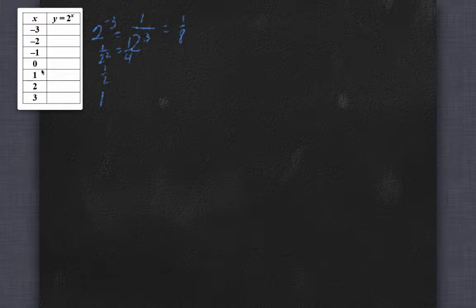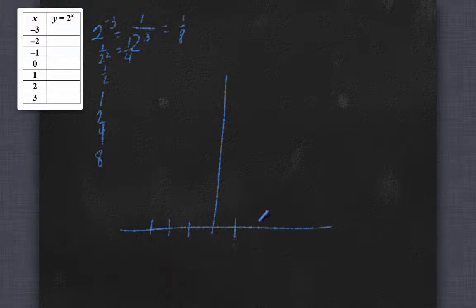So you're always going to get the 0, 1 point. 2 to the 1 is 2. 2 squared. 2 cubed. Okay, so I have 0, 1. I've got negative 3, 1/8.